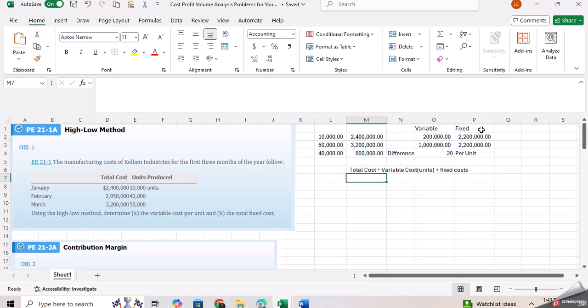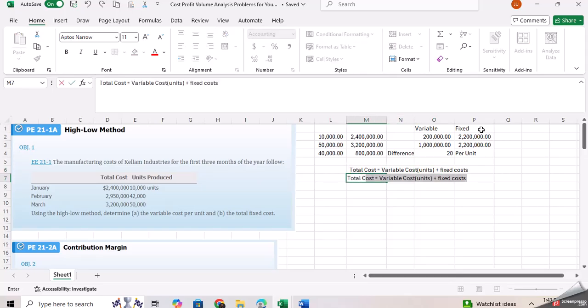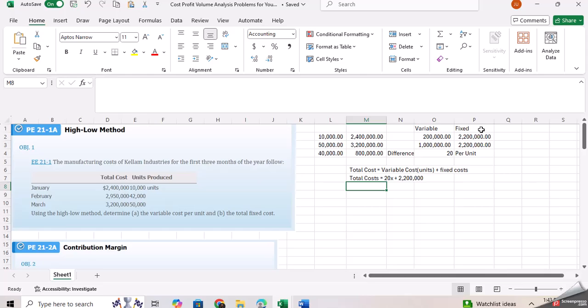So if we want to put it into the dollar amounts we have for this particular formula, we would have the $20 times our units plus 2,200,000. That would be our formula. And then once we have the formula, let's just pick any units.